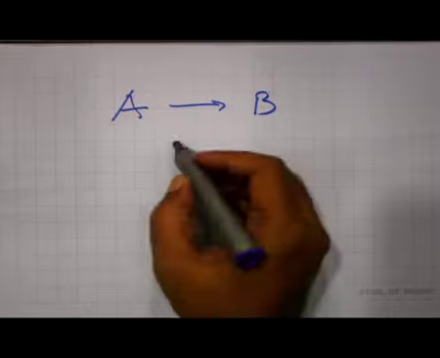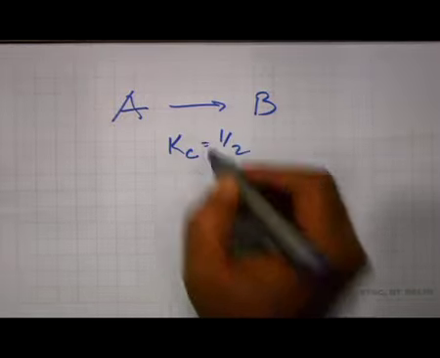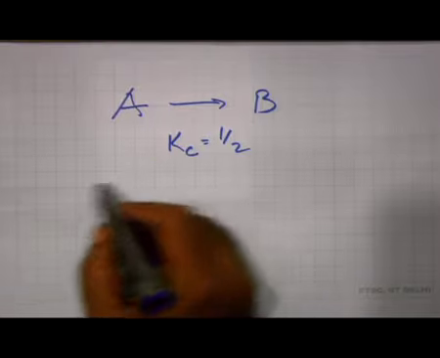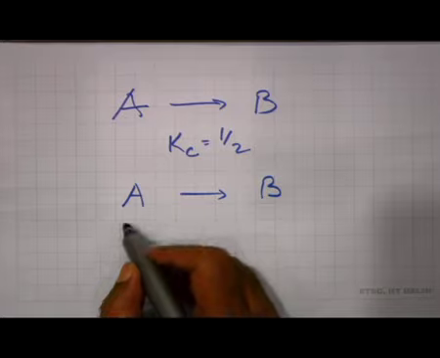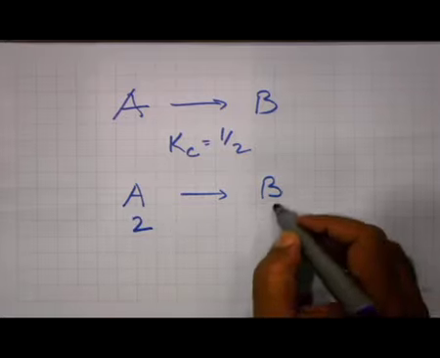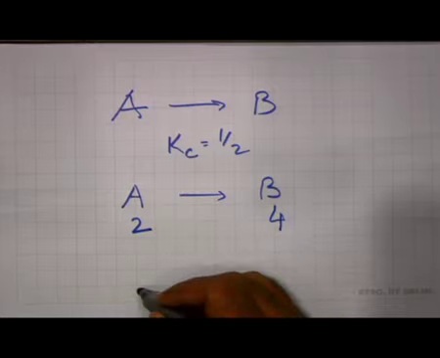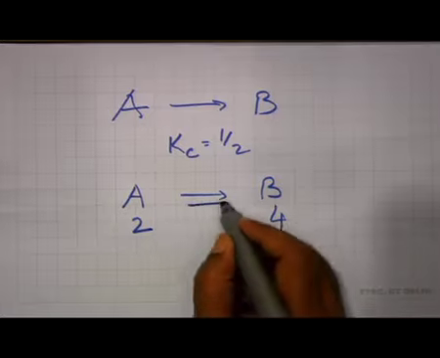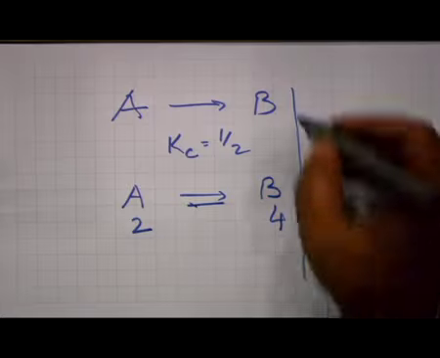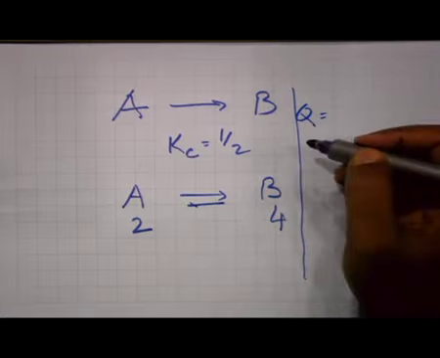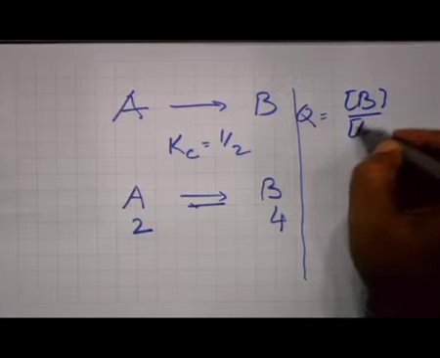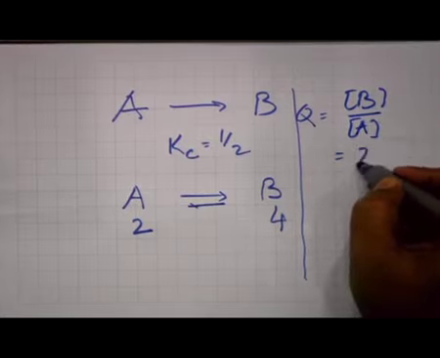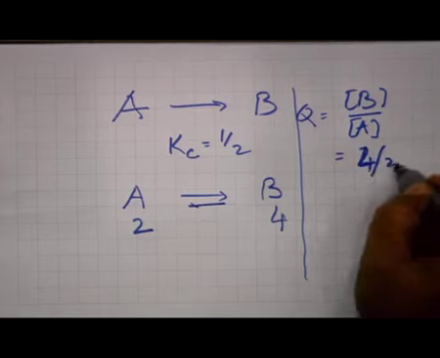Now, you can take another case, A going to B, and suppose Kc is half, and if I take a box and add, suppose, 2 moles of A and 4 moles of B, and then I want to know whether A will convert to B or B will convert to A. What we need to do is simply calculate the value of Q, and Q is simply B by A, so 4 by 2, which is 2.